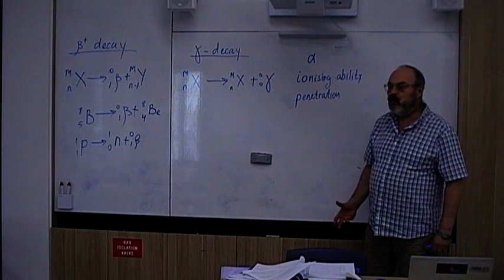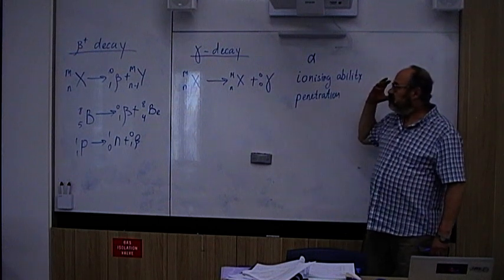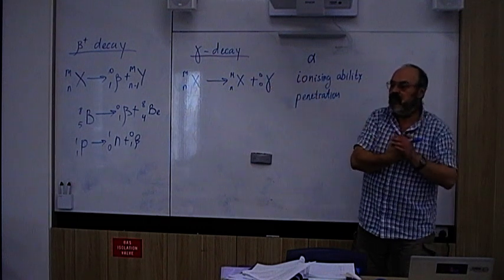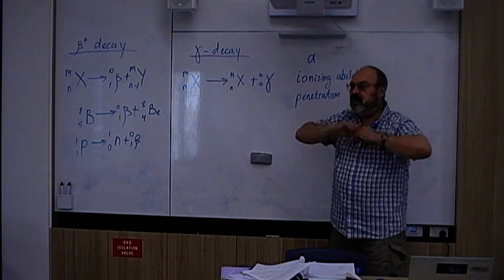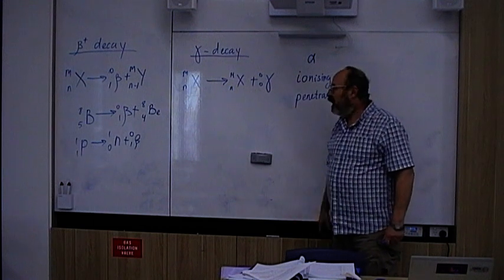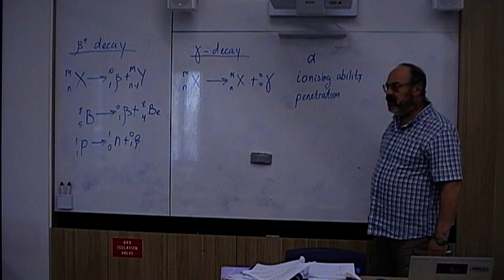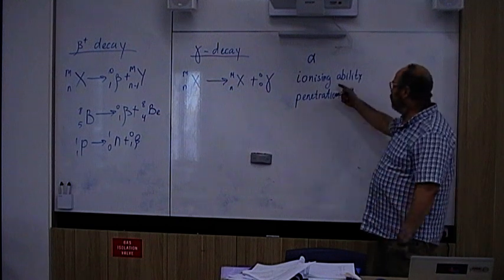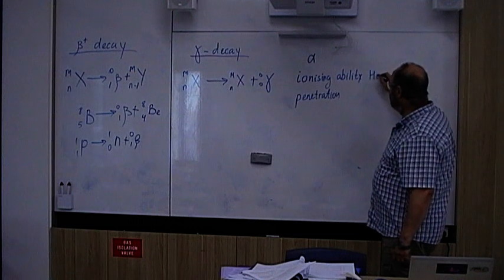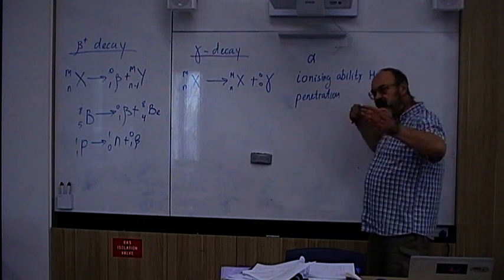Make an ion. So what happens if a radiation particle hits another atom and kicks out electrons? The other atom becomes an ion. Alpha particle has a very high ionizing ability, because it's heavy and can kick electrons out.